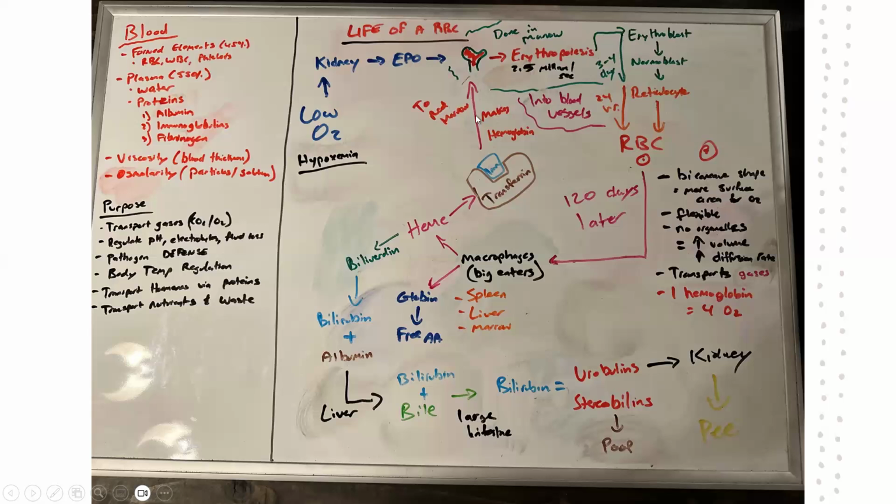And then in this light pink purple color, I mentioned what happens in the blood vessels. So once your body gets the sign to make more red blood cells, our body can make about 2.5 million red blood cells per second, which is pretty impressive. You're going to start with an erythroblast.